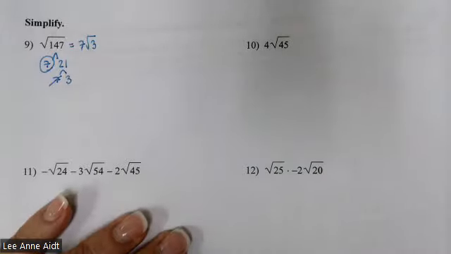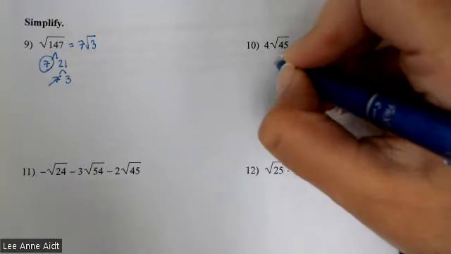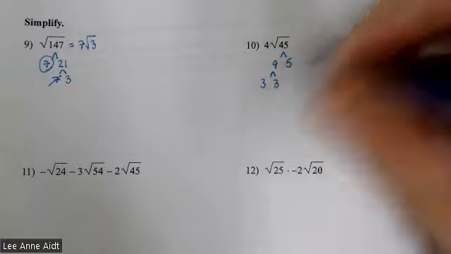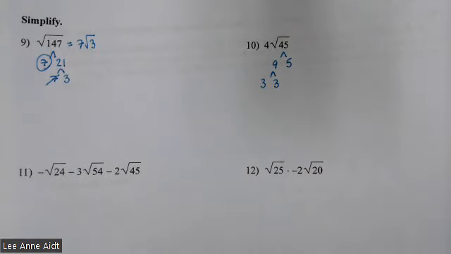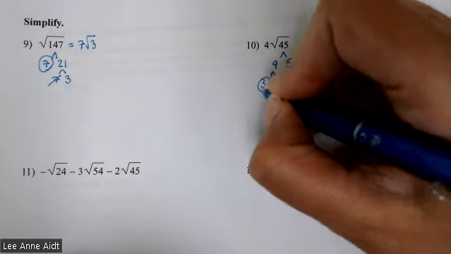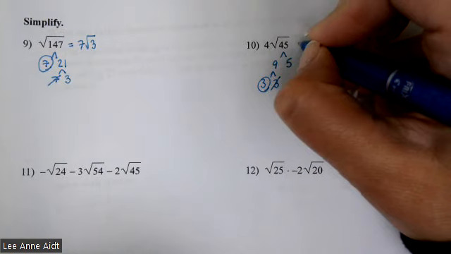I should give you a lot of space there. Okay, 45 is 9 times 5, 3 times 3. Pair of 3, circle 3, cancel another.